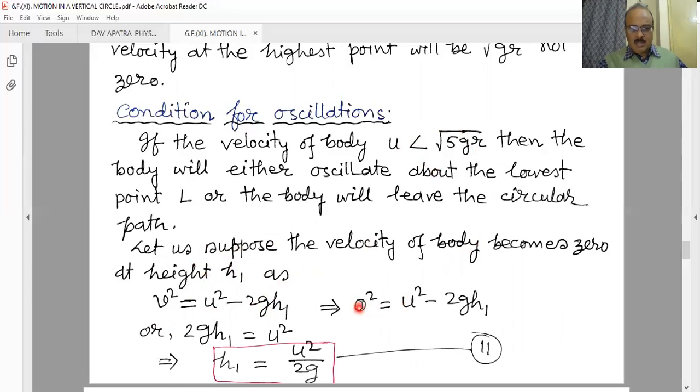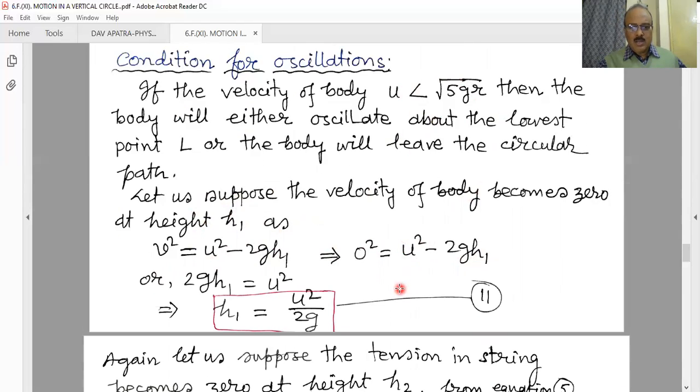That is 0 square is equal to u square minus 2gh1. That means h1 will be u square by 2g, and that will be the height where the velocity will be 0.